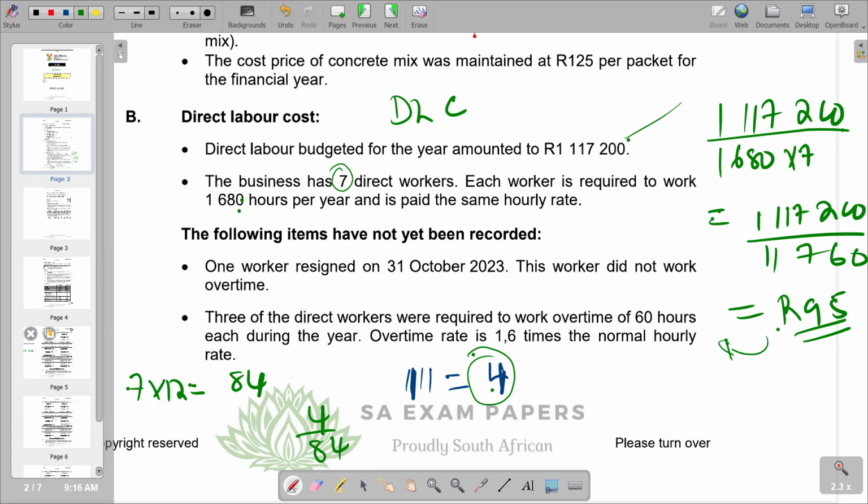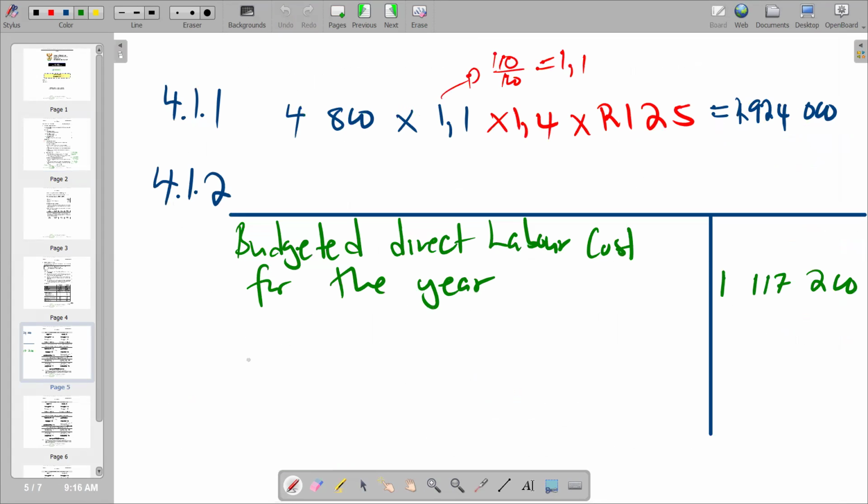So we come here and we now say resigned worker did not work 4 months out of the total months that are supposed to be there, which is 84.